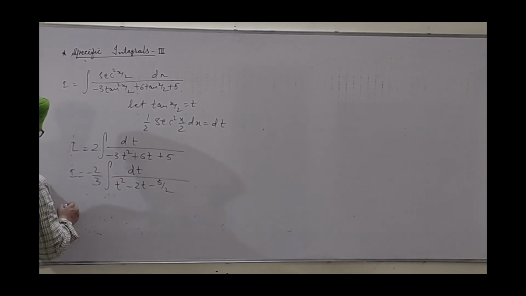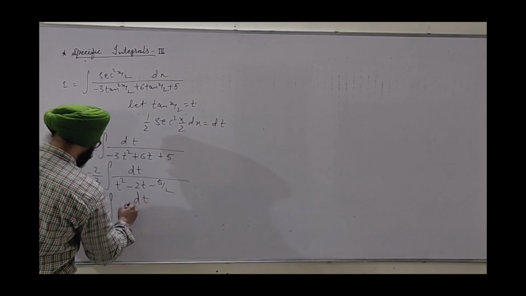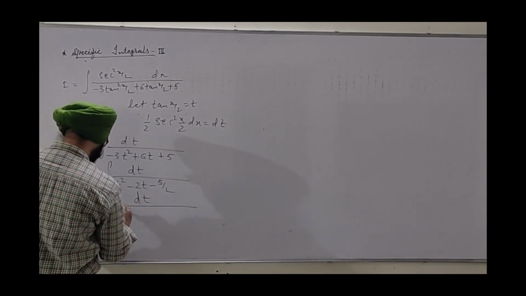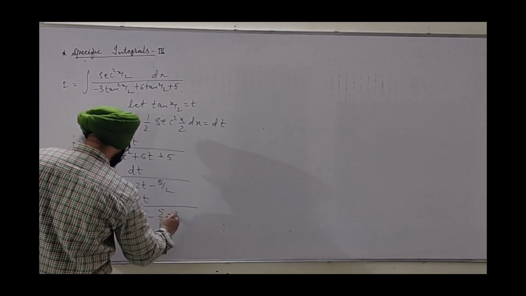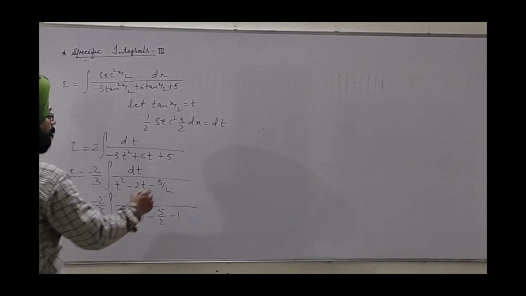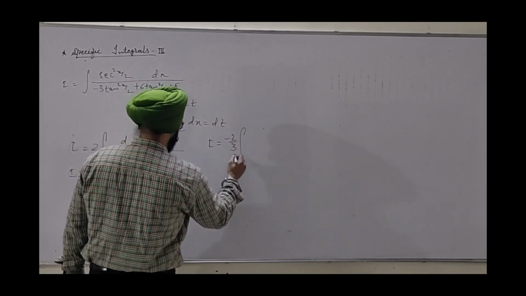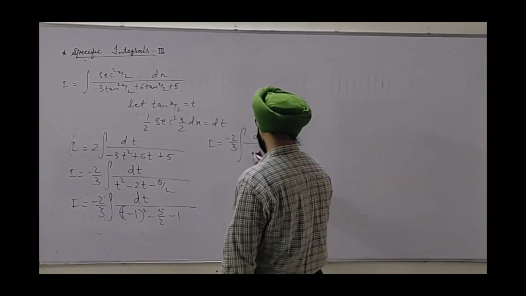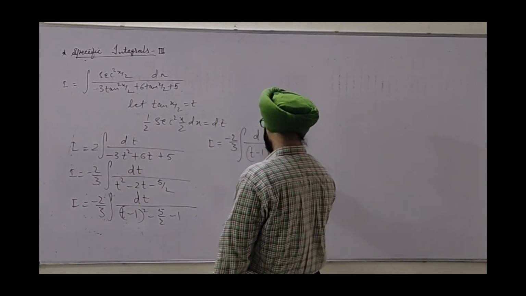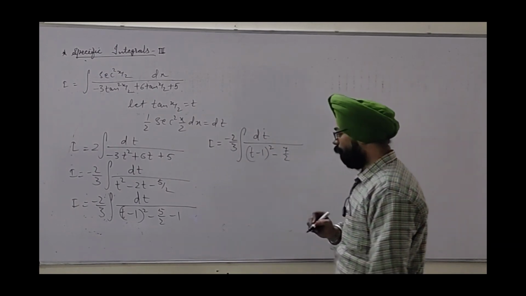Now the completing the square method we will apply. Minus 2 by 3 dt upon t minus 1 whole square minus 5 by 2 minus 1. So I is minus 2 by 3 dt upon t minus 1 whole square minus 7 by 2.